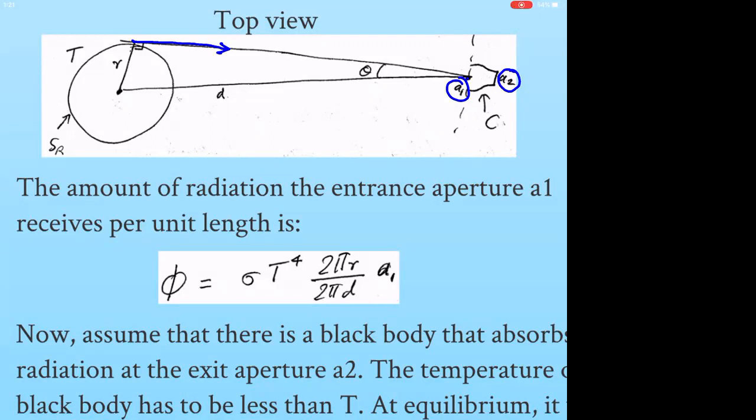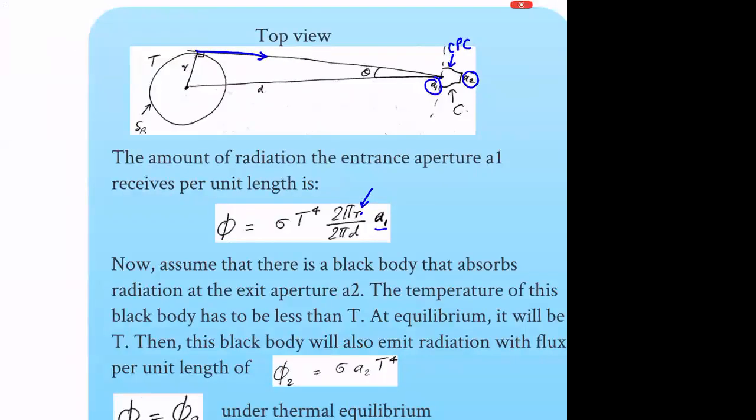Because it's in 2 dimensions, there's no square here. It's just the ratio R divided by D, R being the radius of the source, D being the distance from the source, times A1, which is how much of the light is intersected by the area of the entrance aperture of the receiver, of the CPC. So again, just to be clear, this is the CPC.